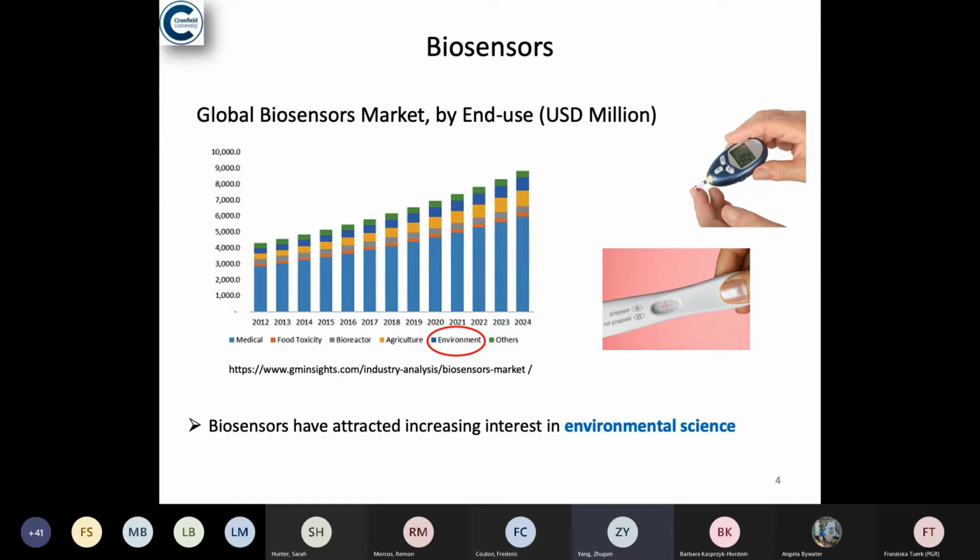One is the glucometer, another is the paper pregnancy test. So we are hoping that all the chemicals, biologicals, or contaminants can be tested with a similar sensor to a glucometer, to report or diagnose the results very fast and on site.